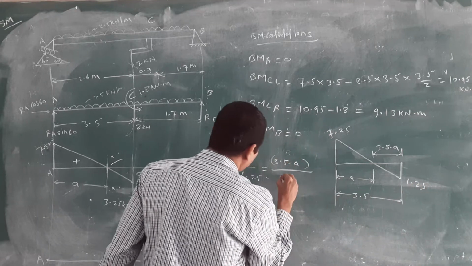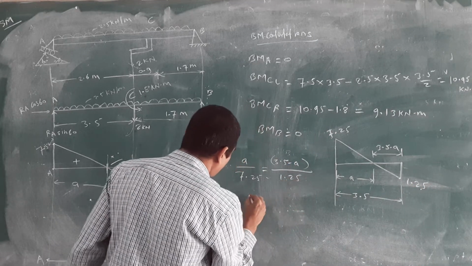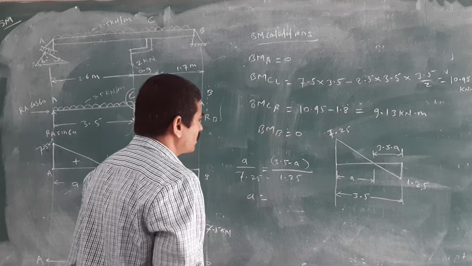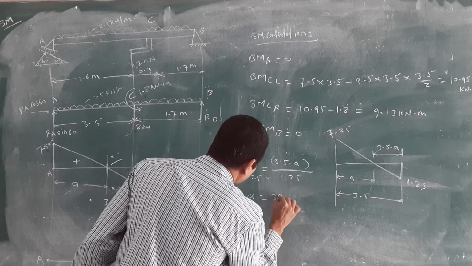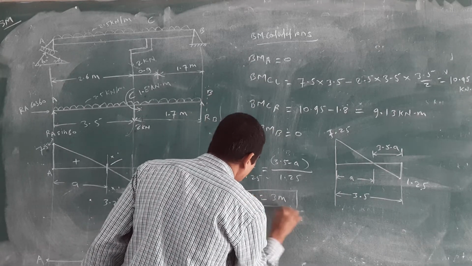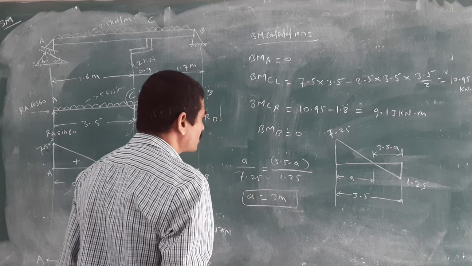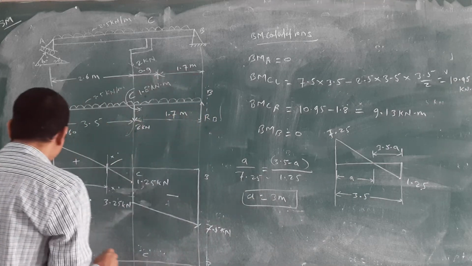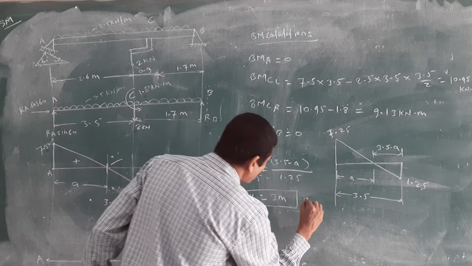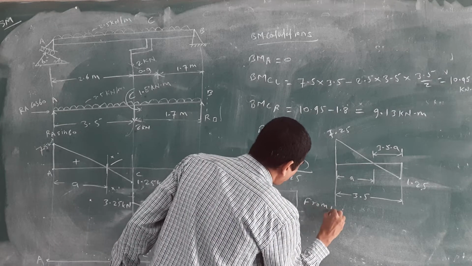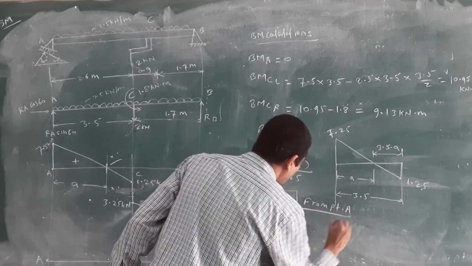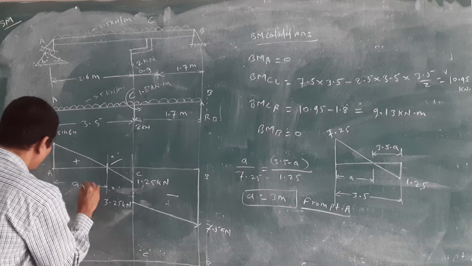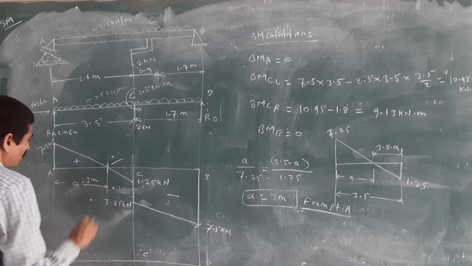This value 1.25. If you have calculated, then you will get A is equal to 3 meter. Okay, A is equal to 3 meter. This 3 meter you will get from point A.